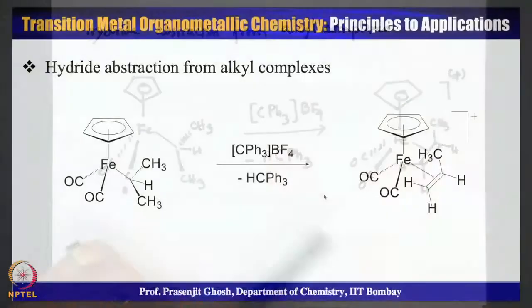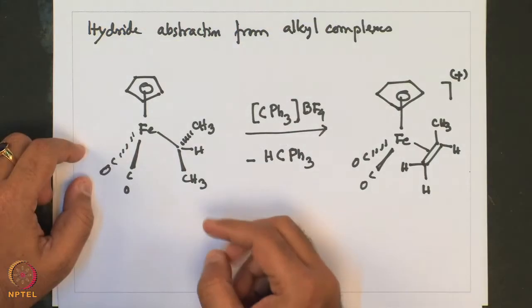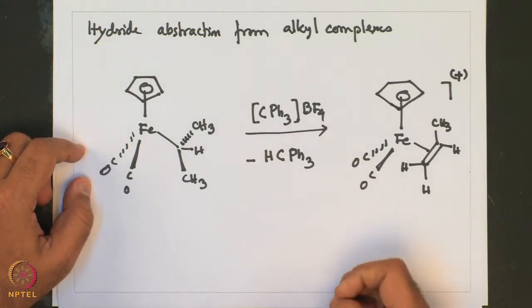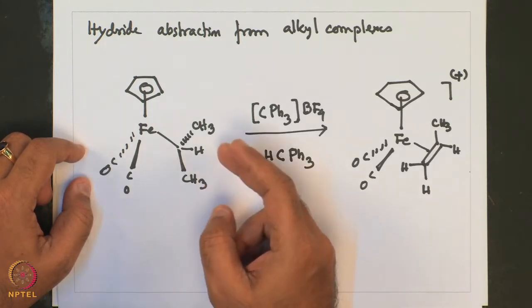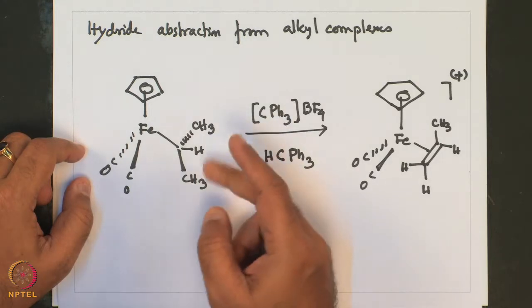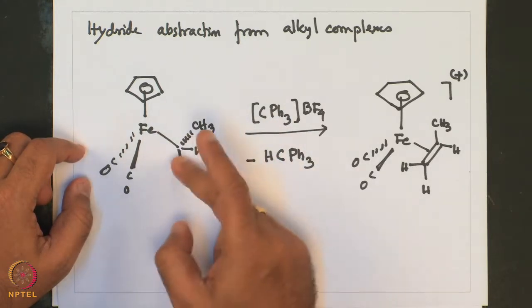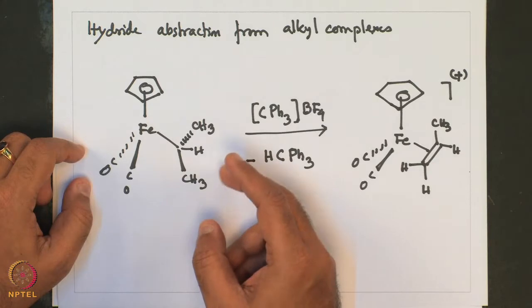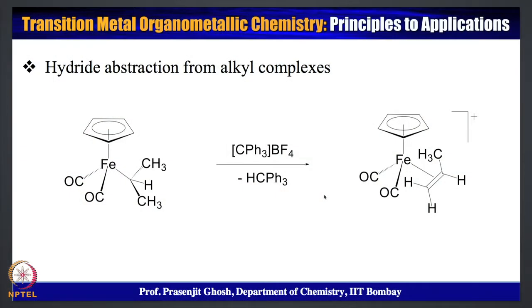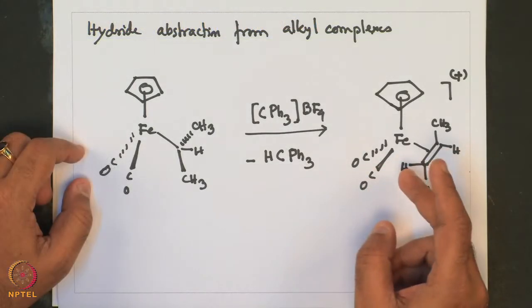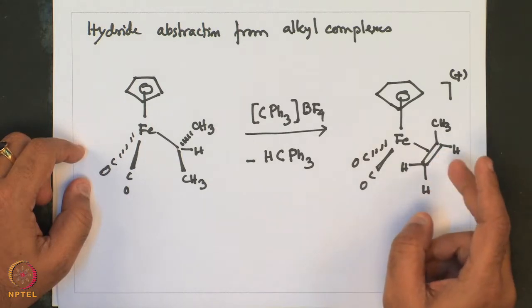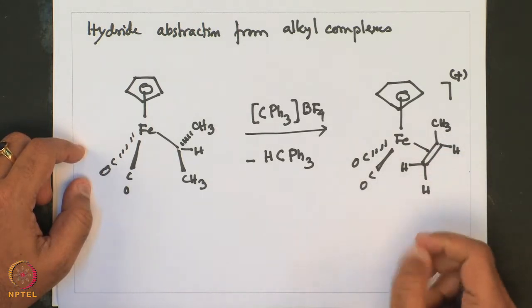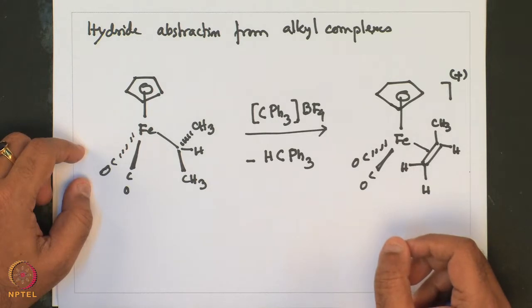Now, in this context I should also mention that we had discussed hydride abstraction in the context of making carbene complexes, where hydride is abstracted from the alpha carbon atom, leading to transition metal carbene complexes for very early transition metals, whereas in this particular ligand system, a metal alkyl, if a hydride is abstracted, one forms the olefinic complex and not the carbene complex, unlike the metal carbene complexes discussed in the earlier example.